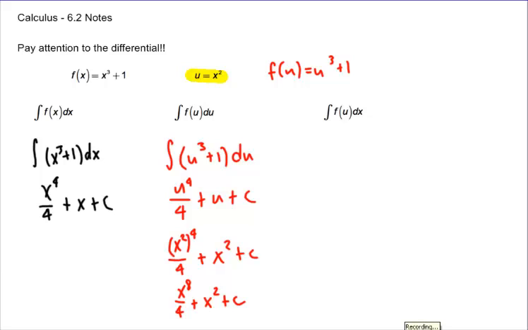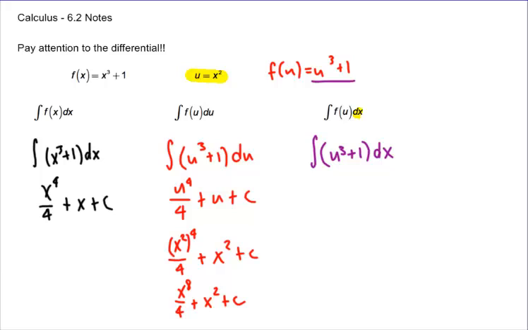Now the last guy is really interesting, because we're looking at a function of u, which we wrote down here, a function of u. However, the variable of integration is this dx part right here. So once we get our function of u written down, we're going to have to substitute in the x. So this is going to look really strange. But to start off with, we're looking at the integral of u cubed plus 1 dx. Now, the dx is important because all of the variables need to all be x's.